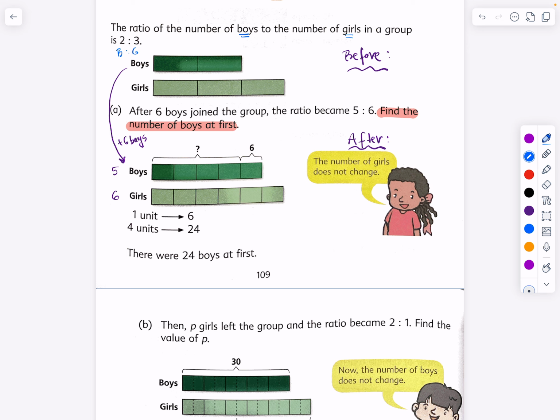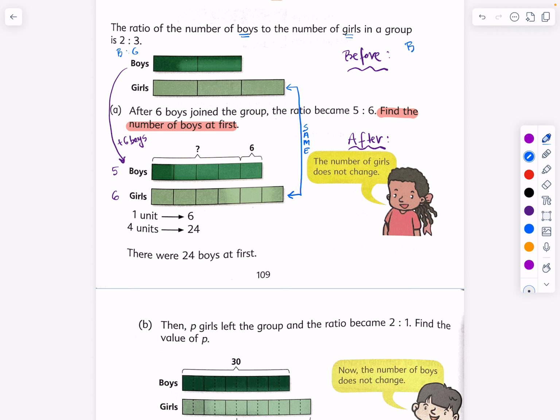The most important logical conclusion and realization we can make is that while the boys' number increased by 6 students, the girls remained the same, right? Girls did not leave the school, no girls dropped or joined, so we can label same. Now, we notice that the girls were represented as 2 to 3.